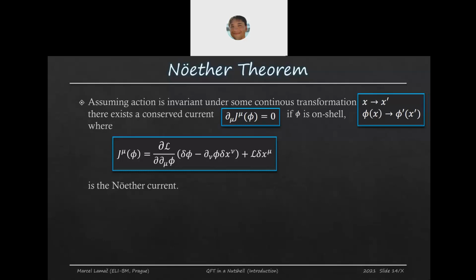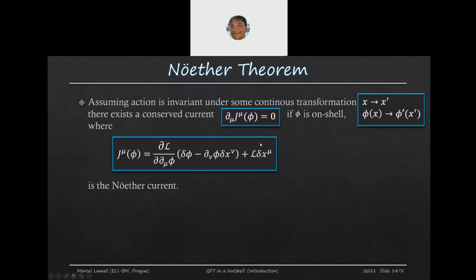So let's talk about that, because it is incredibly important. It tells us that if we have an action that is invariant under some transformation, then we call this transformation a symmetry of our physical system. And if there is such a symmetry, then there exists a conserved current that is given by the prescription I'm showing in the big box here, and this is known as the Noether current.